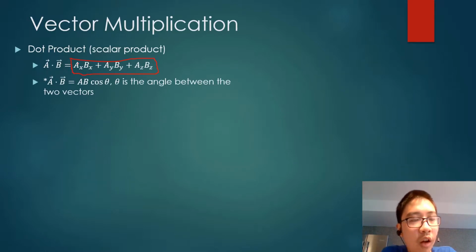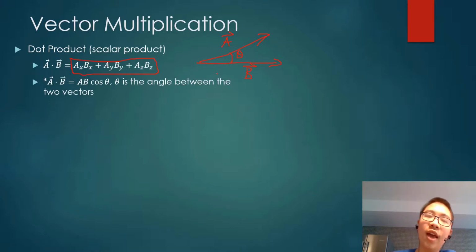A dotted with B is also equal to the magnitude of A times the magnitude of B times cosine theta. If we draw these two arrows, A and B, theta is just the angle between A and B.